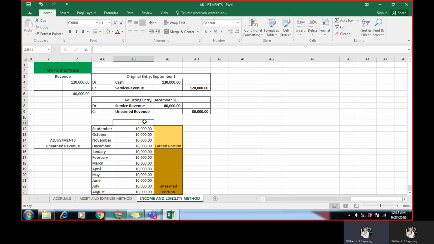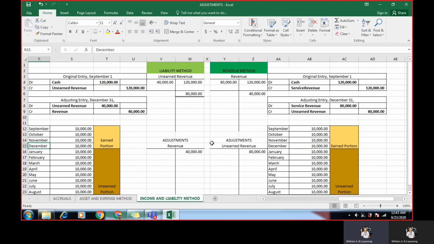So revenue will be debited by 80,000 pesos to make the earned amount only 40,000 at the end of the period. That is why we credit 80,000 pesos. So debit revenue, credit unearned revenue.